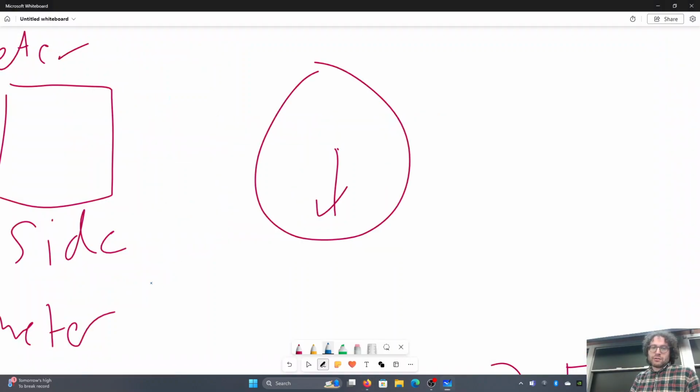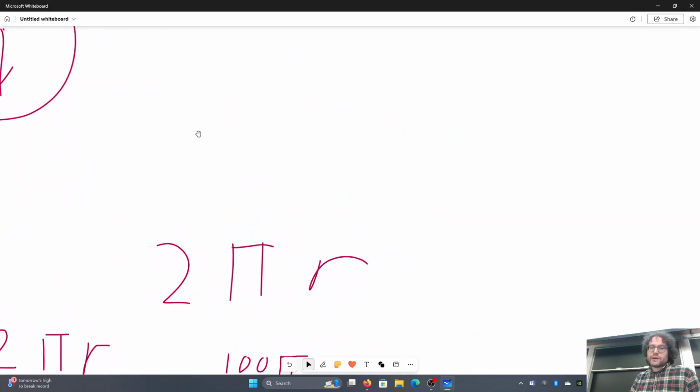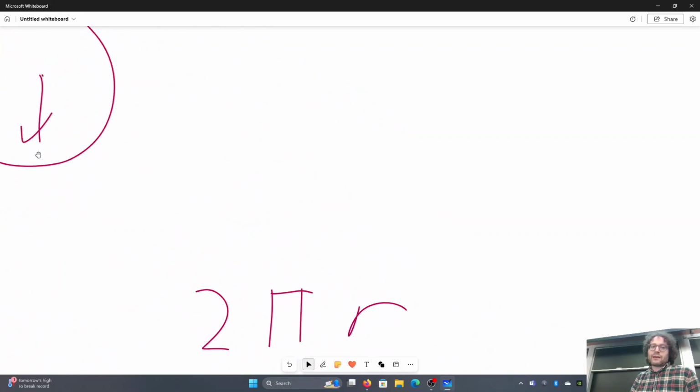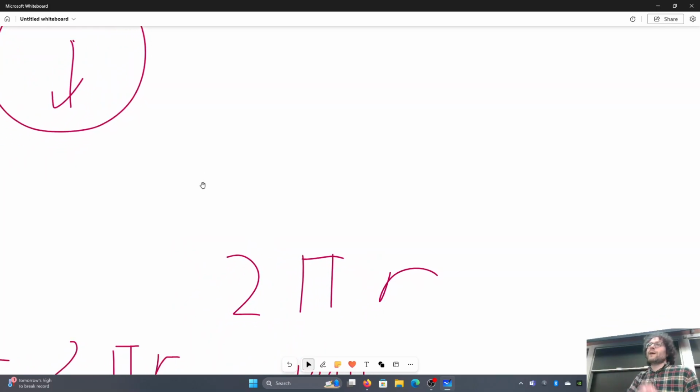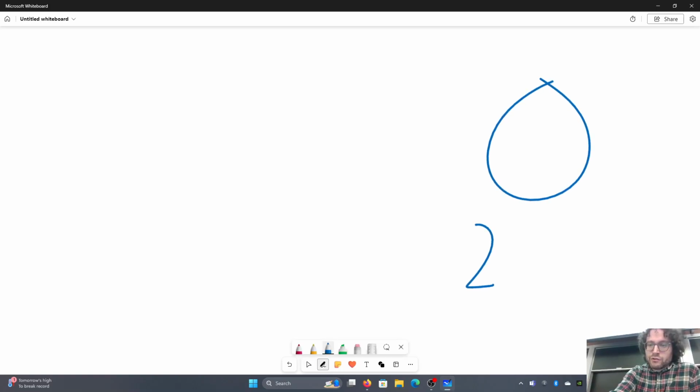Well, in a circle, if you're going to trace around the circle, the total amount you move is 2 pi r. 2 times pi times the radius. This is the total amount you go around in a circle. That is 2 pi r.